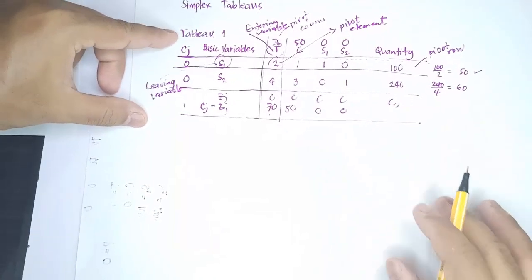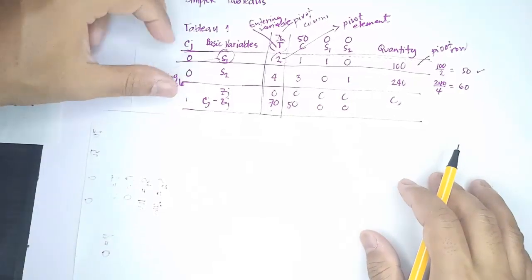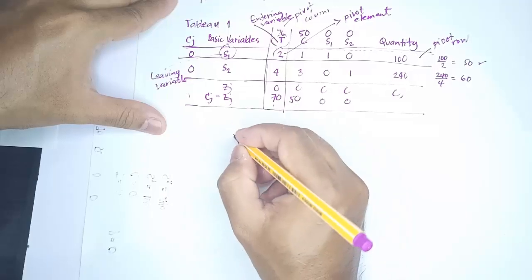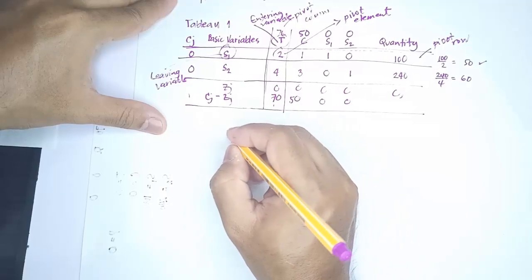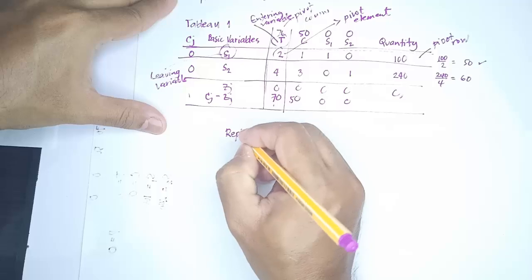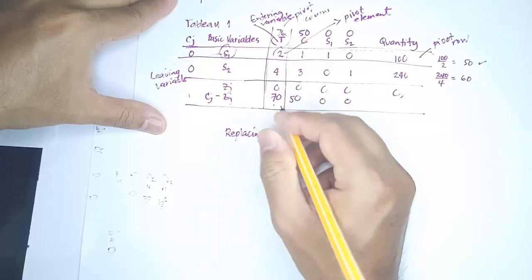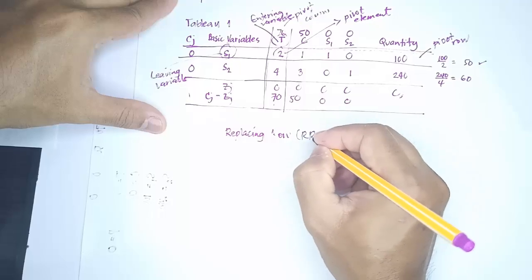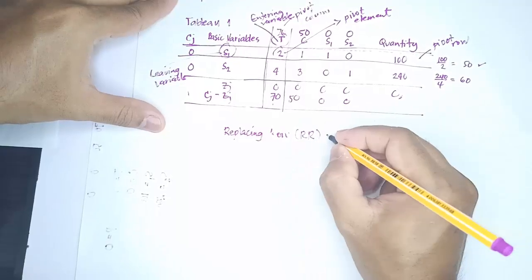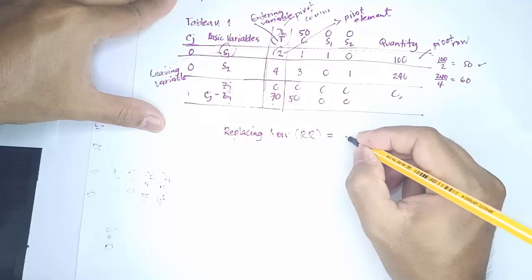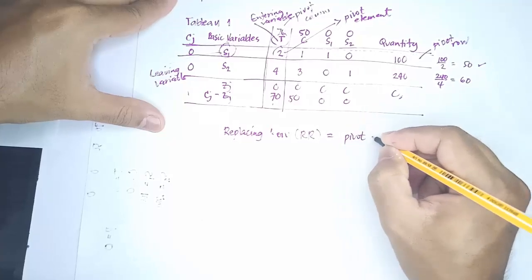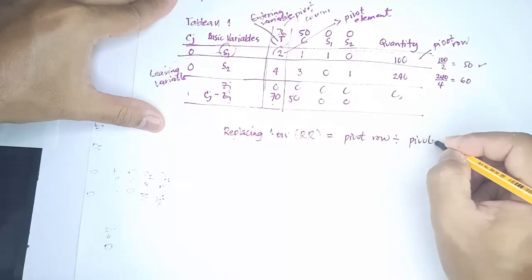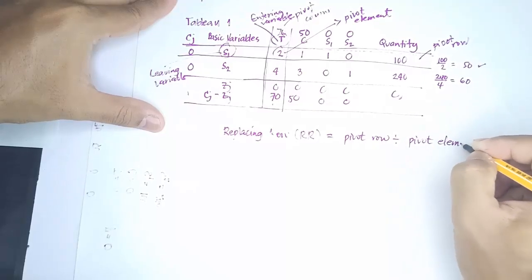So now, we're ready to compute the entries for the second tableau. We're going to compute what we call the replacing row, or simply RR. This is equal to the pivot row divided by the pivot element.